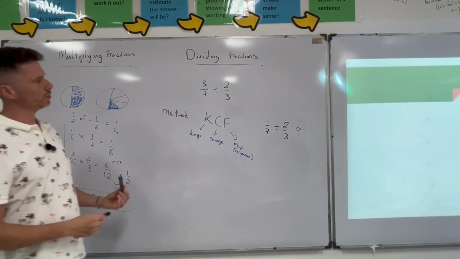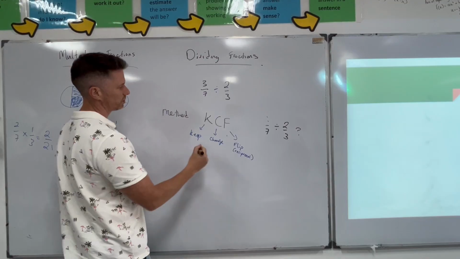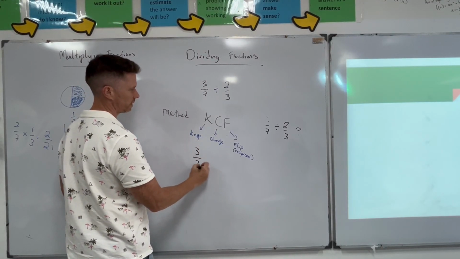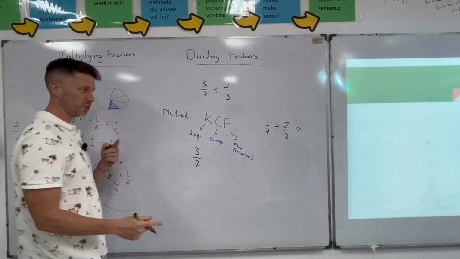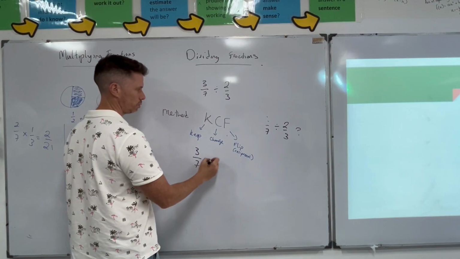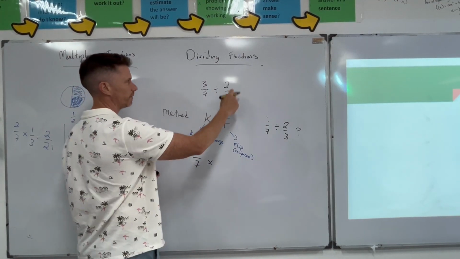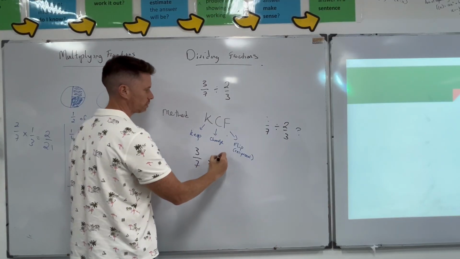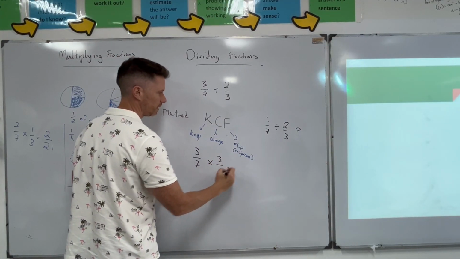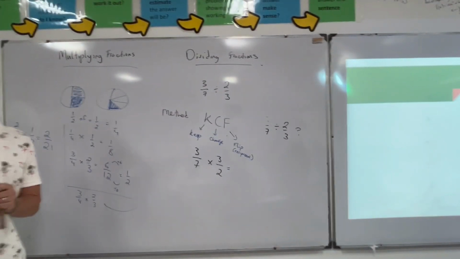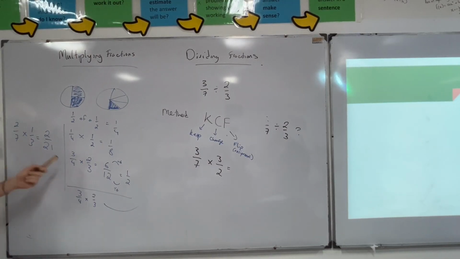So what I'm going to do is I'm going to keep the first fraction the same, 3/7, I'm going to change the sign to multiply. That's what the change means. And I'm going to flip the second fraction. Instead of 2 over 3, I'm going to write 3 over 2. And then it becomes a multiplication question, which we just figured out was pretty straightforward.